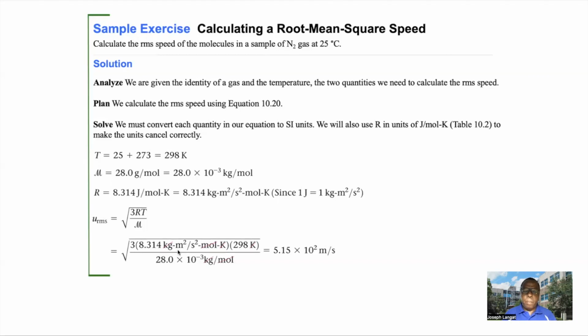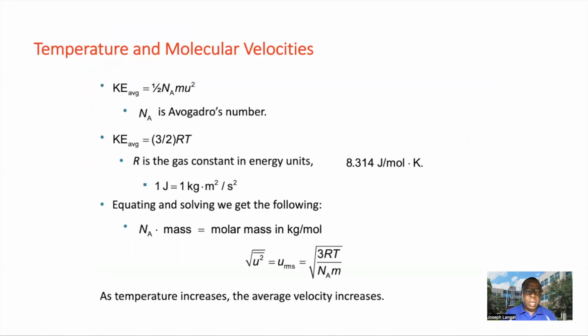This is the molar mass of nitrogen gas in kg. You should be able to convert the mass into kilograms. And with this one also, we change the mass into kg. Look at this relationship. I know this is given, but how do we end up with that? It's based on what I covered earlier, that 1 joule is the same as 1 kg meter squared per second squared.